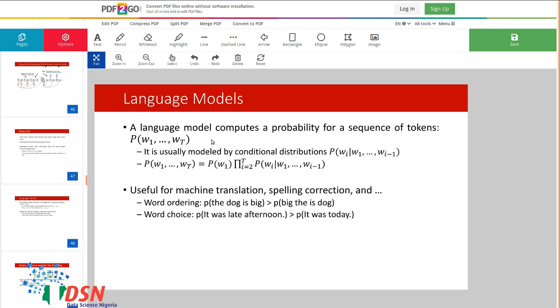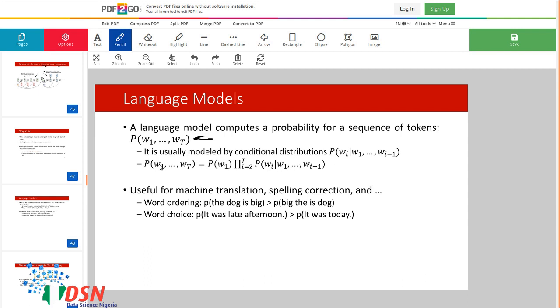Okay, so let's see a language model example. In a language model, we want to compute the probability of some different words. We could model that based on conditional distributions.